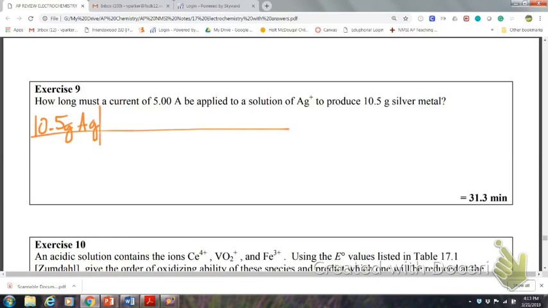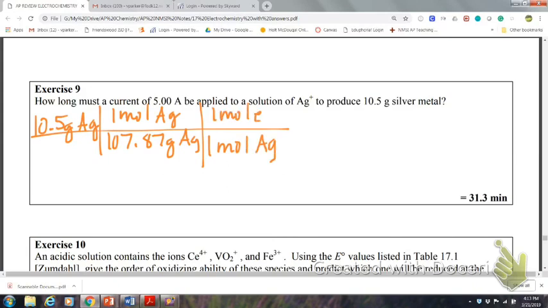We're going to divide that by the molar mass of silver, which is 107.87 grams of silver. We also know that for every 1 mole of silver, 1 mole of electrons will be generated.